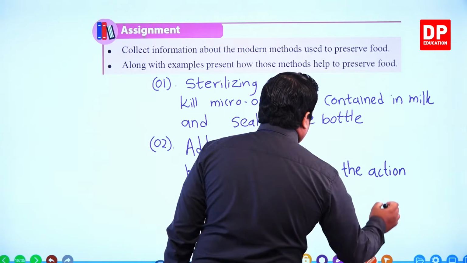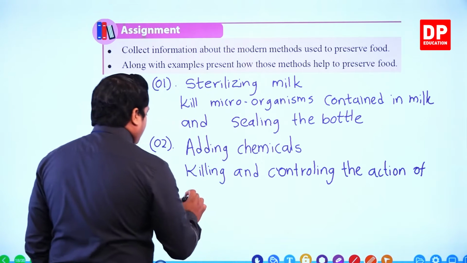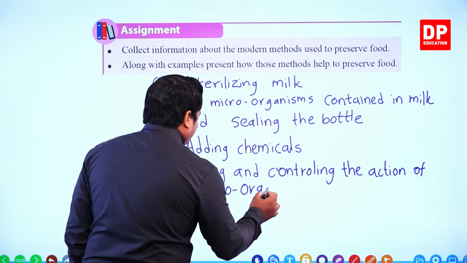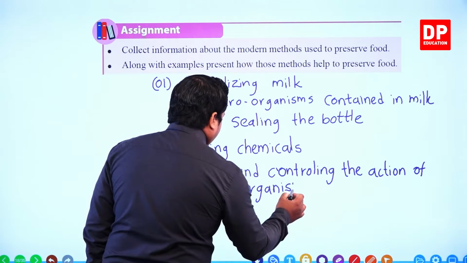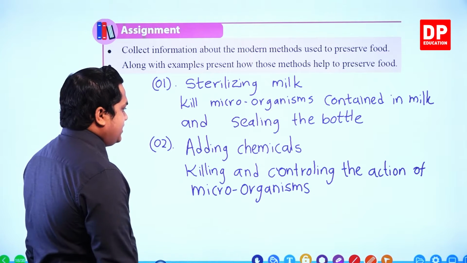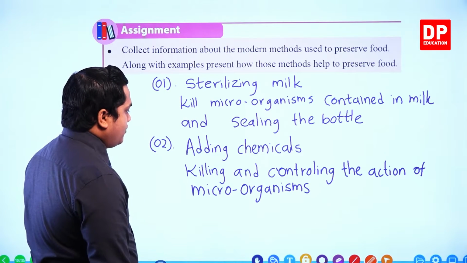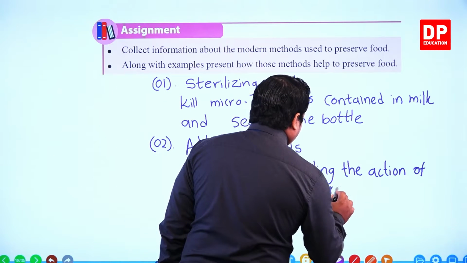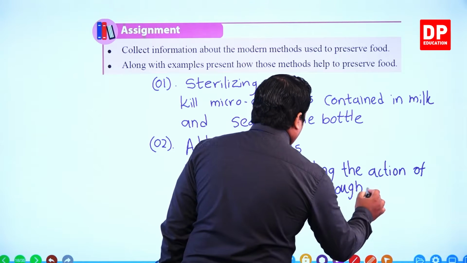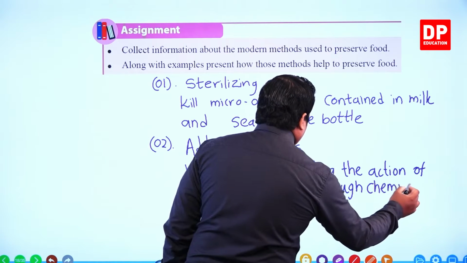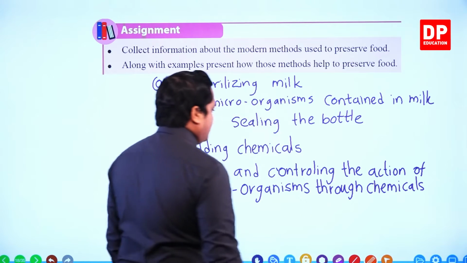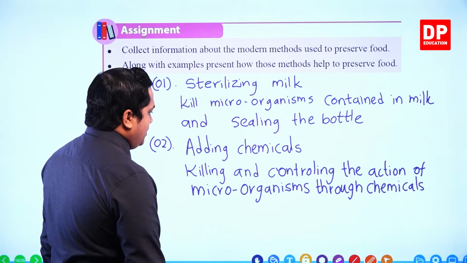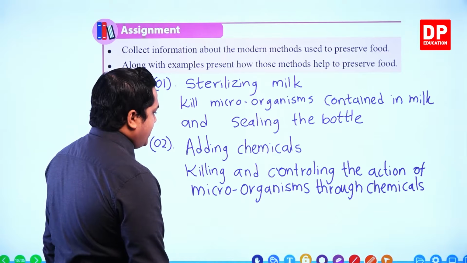Killing and controlling the action of microorganisms. So here, killing and controlling the action of microorganisms through chemicals. Through chemicals. So by adding chemicals, my dear children, we can kill or we can control the action of microorganisms.